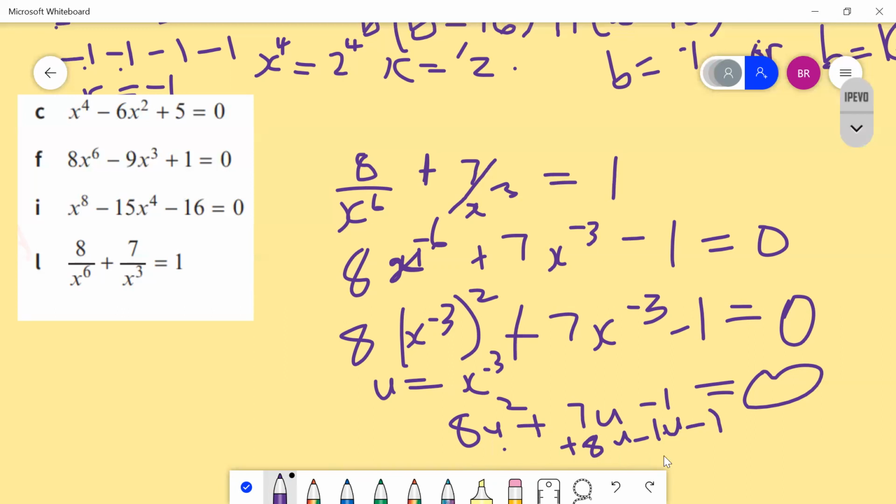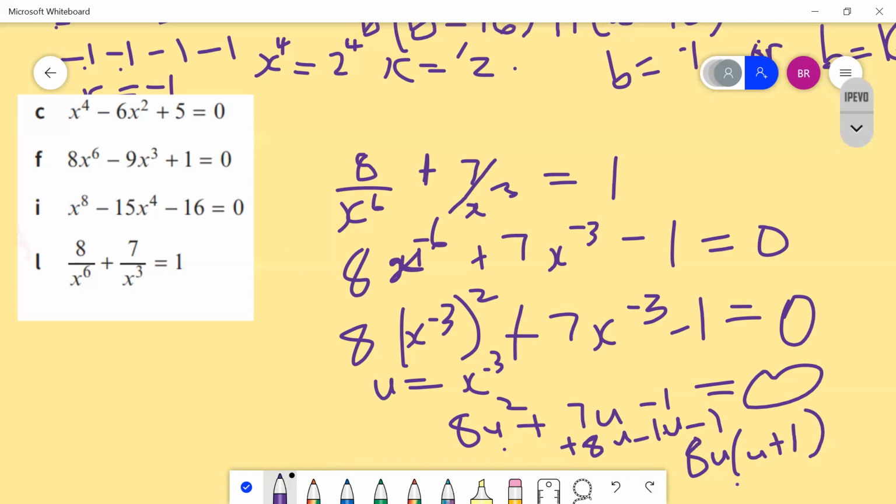So we factor out 8u outside the brackets, not 8. Factor out 8u. Then we have u plus 1. And here we have minus 1u and minus 1. What do we factor out? Let's factor out minus 1.